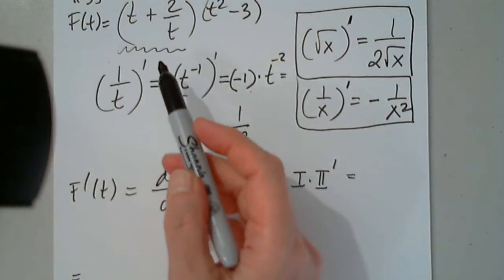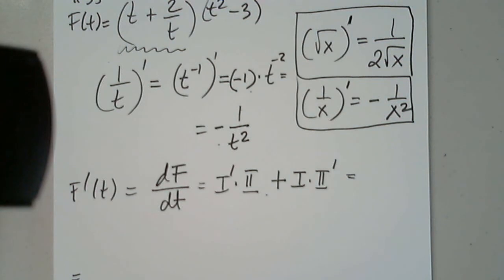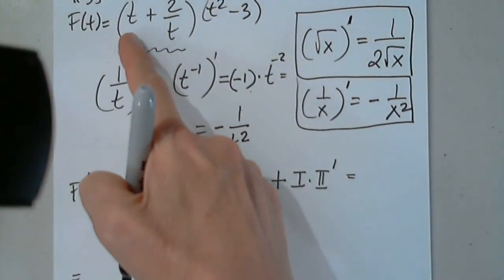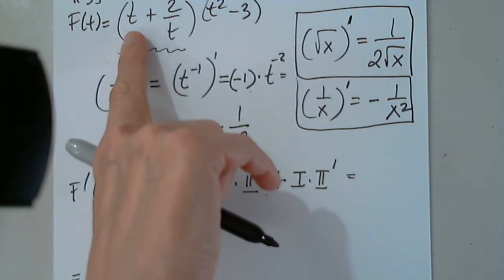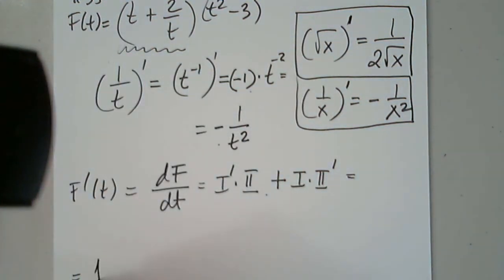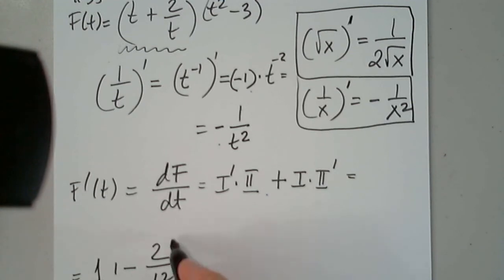Anyone would like to give it a shot and differentiate this for us? It's just negative 2 over t squared. Remember, this is not 0. It's not a constant, right? So this one has a slope, which is 1. 1 plus. Yes, 1 minus 2 over t squared.